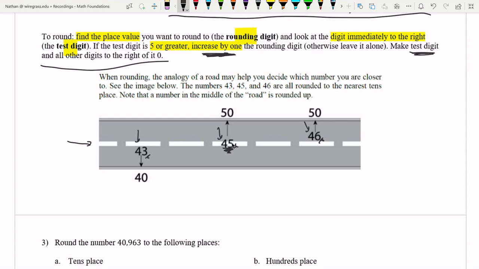If it's 5 or greater, you're going to round up. So you're going to add 1 to this place and then make that 0. So it's going to go up to 50. 46 is greater than 5. That 6 is greater than 5, so it's going to go up to 50. But 43 is not greater than 5. It's going to be less than that, so it's actually going to go down to 40. It's closer to 40 than it is to 50. So that's how the rounding works.